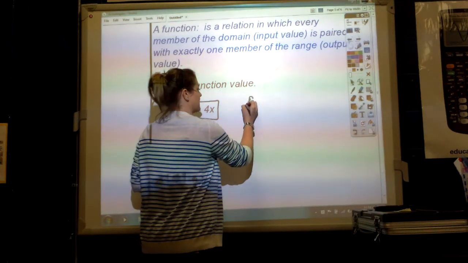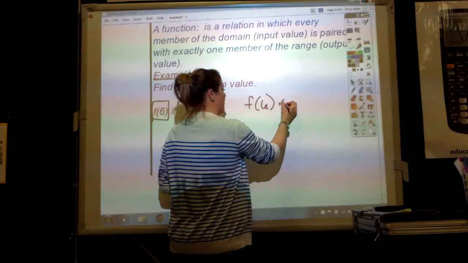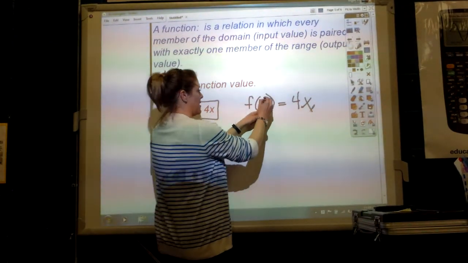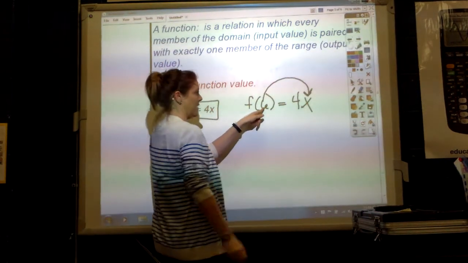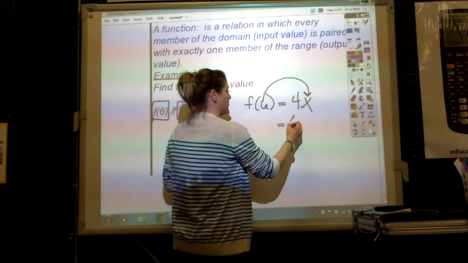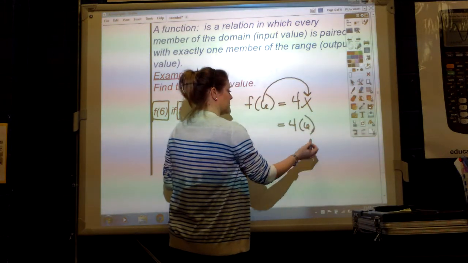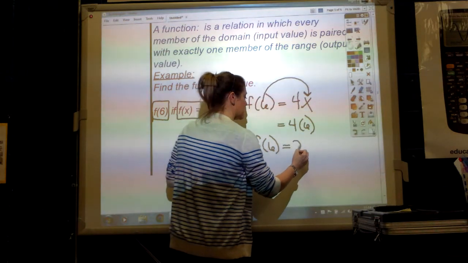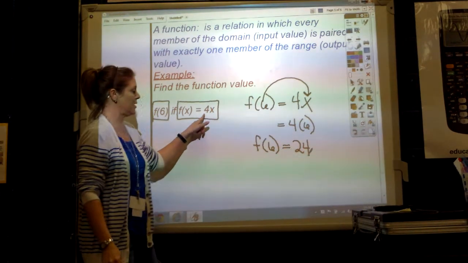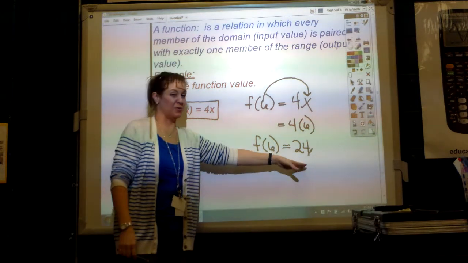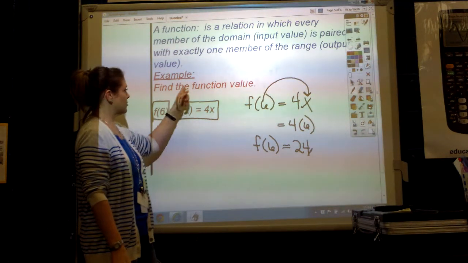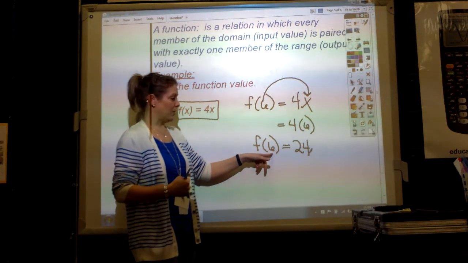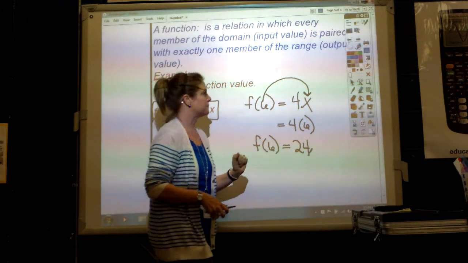So if we now want to do f of 6, we're going to take that 6 and substitute it in for the x. So instead of 4 times x, we're now going to do 4 times 6. So the value for the function of 6 in this particular situation would be 24. That would be your final answer. So we found that function value. If f of 6 were involved, we'd be putting 6 in place of x.